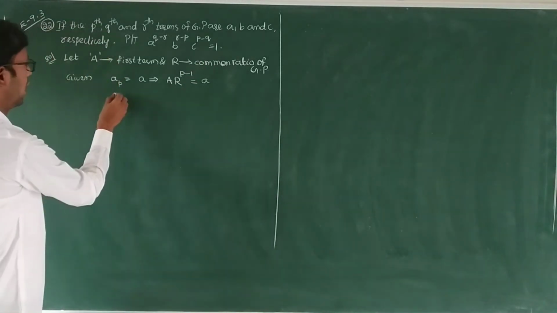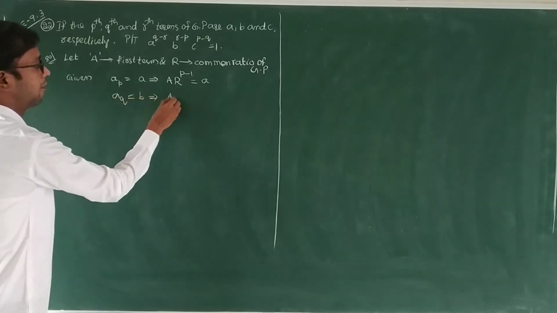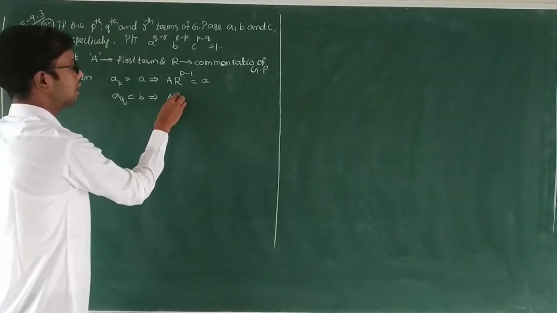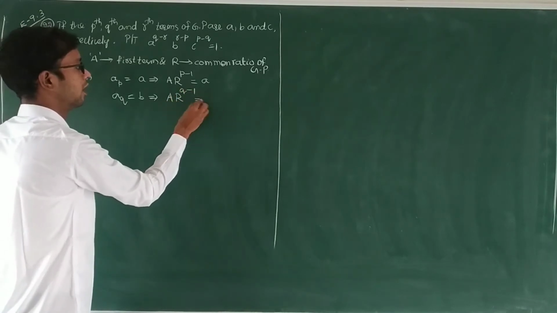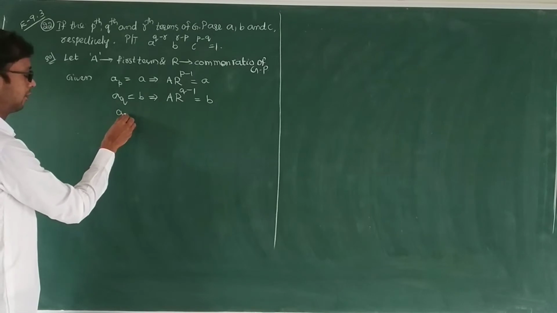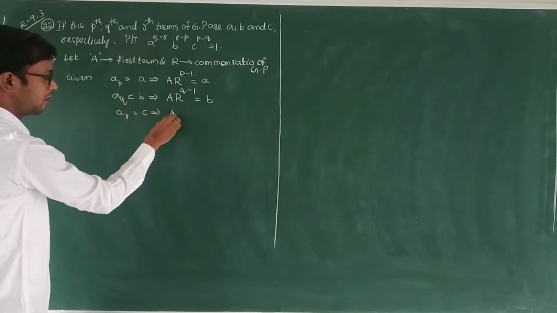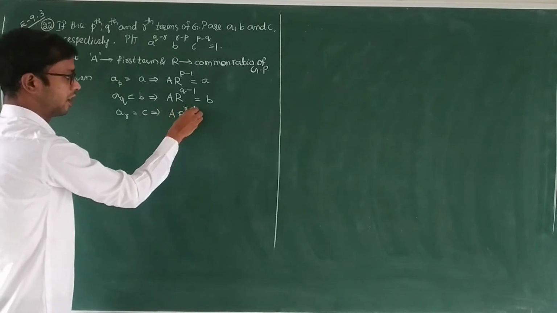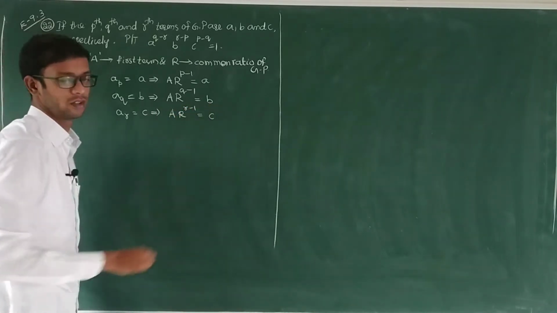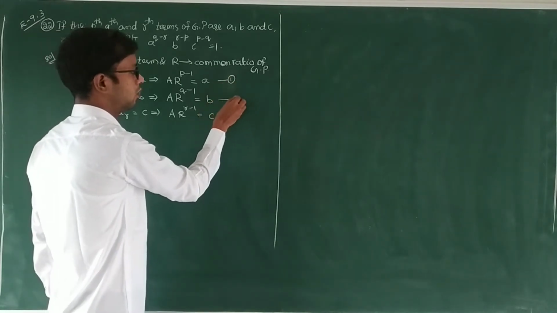Next step, AQ is equal to B: capital A, R power Q minus 1 is equal to B. Next step, AR, the Rth term is C: capital A, R power R minus 1 is equal to C. So I am taking these as 1, 2, 3.